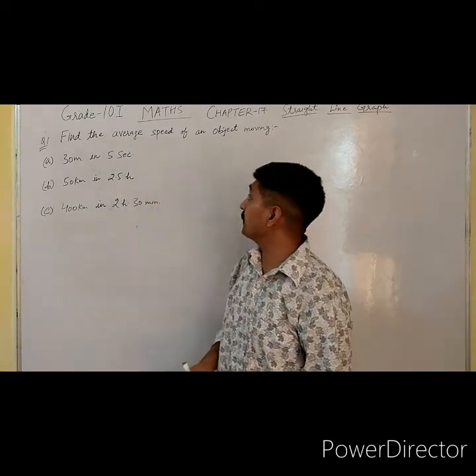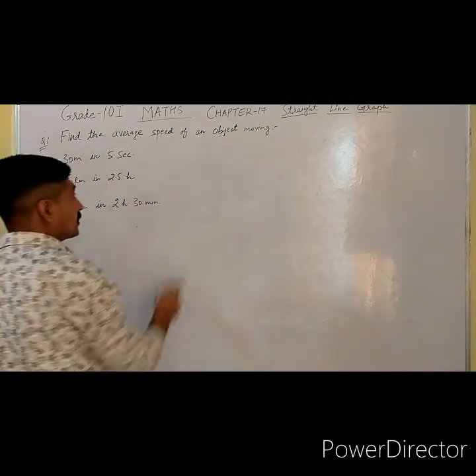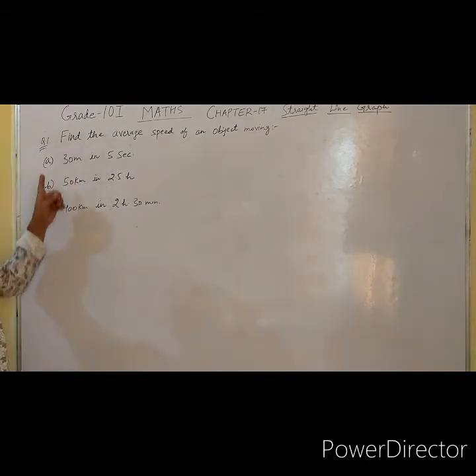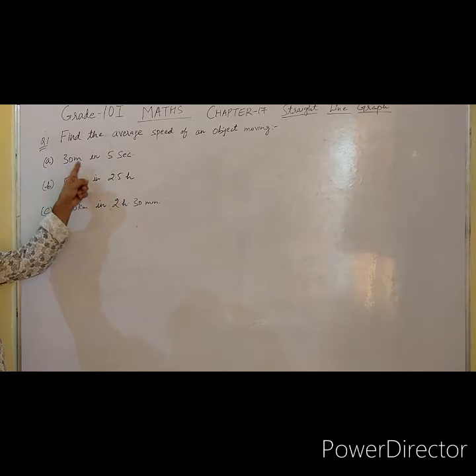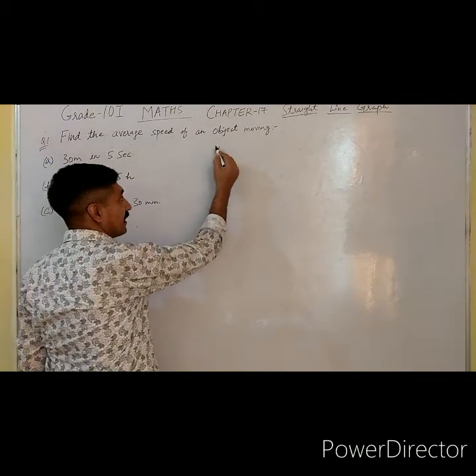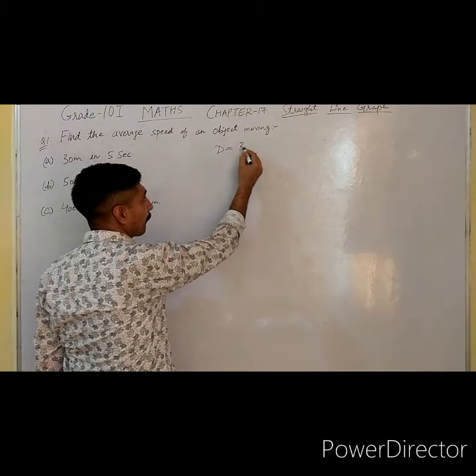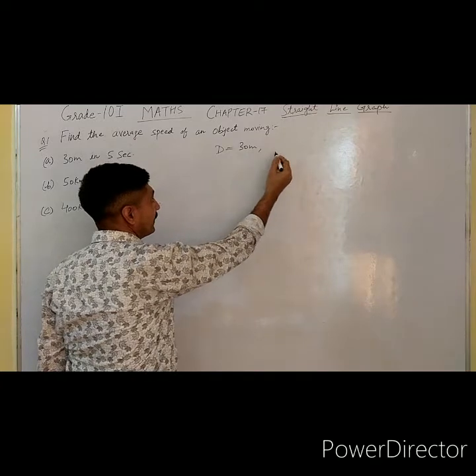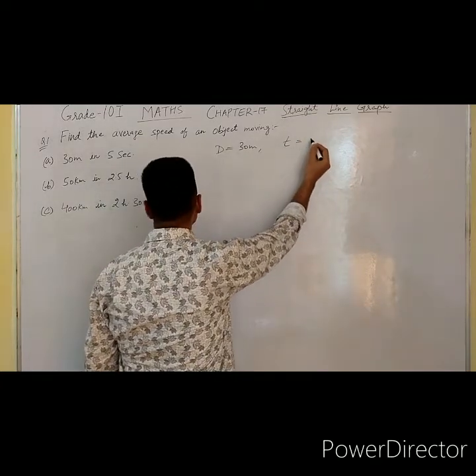Find the average speed of an object moving, first part, 30 meters in 5 seconds. So here distance is given, distance is 30 meter and time here is 5 seconds.